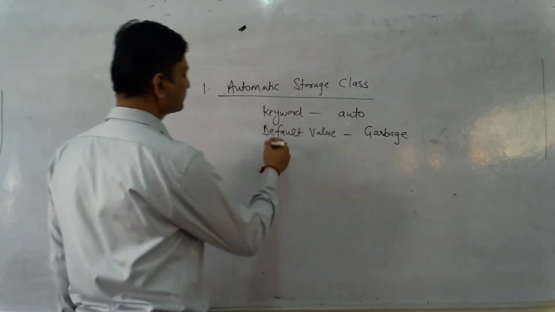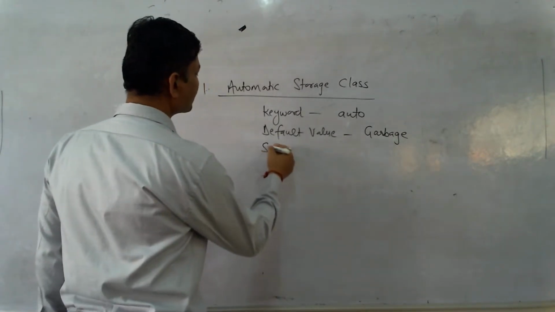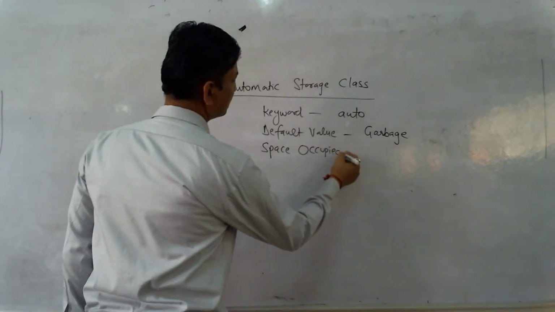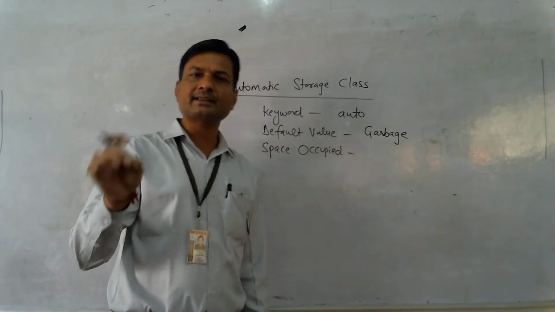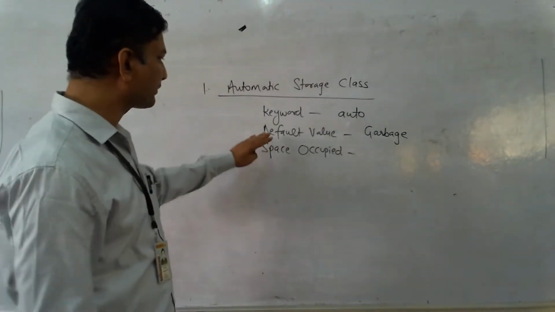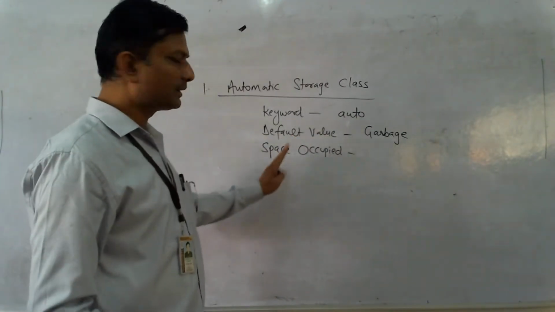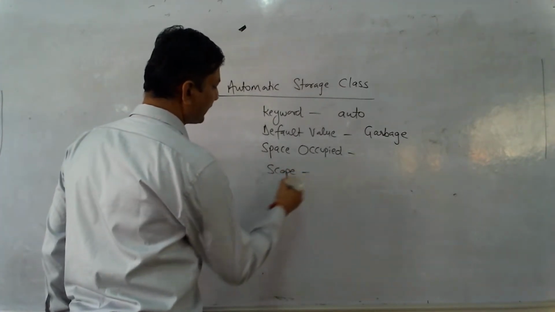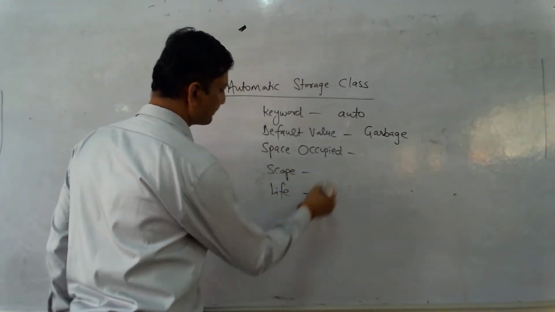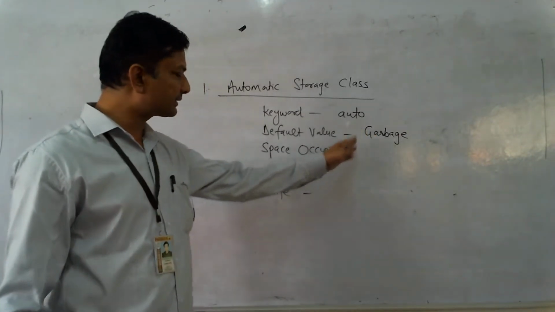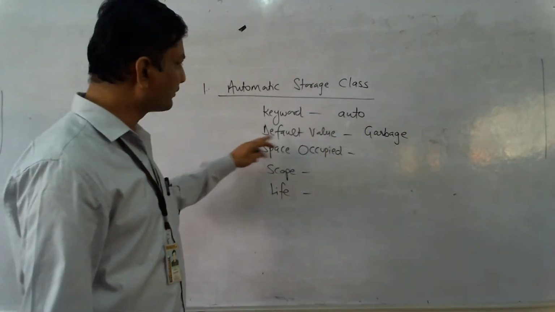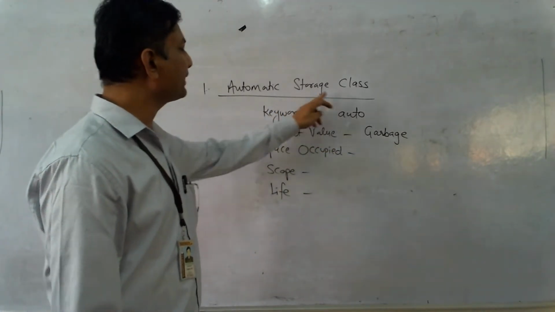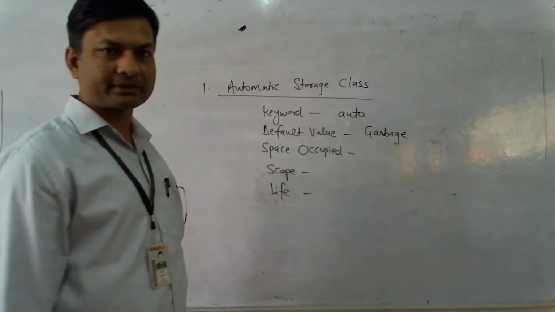Similarly, space occupied. I told you earlier that each storage class tells us four things. Number one is default value, second is space occupied, third is scope, and fourth is life. I will discuss these one by one. So the default value of an automatic storage class variable is garbage.